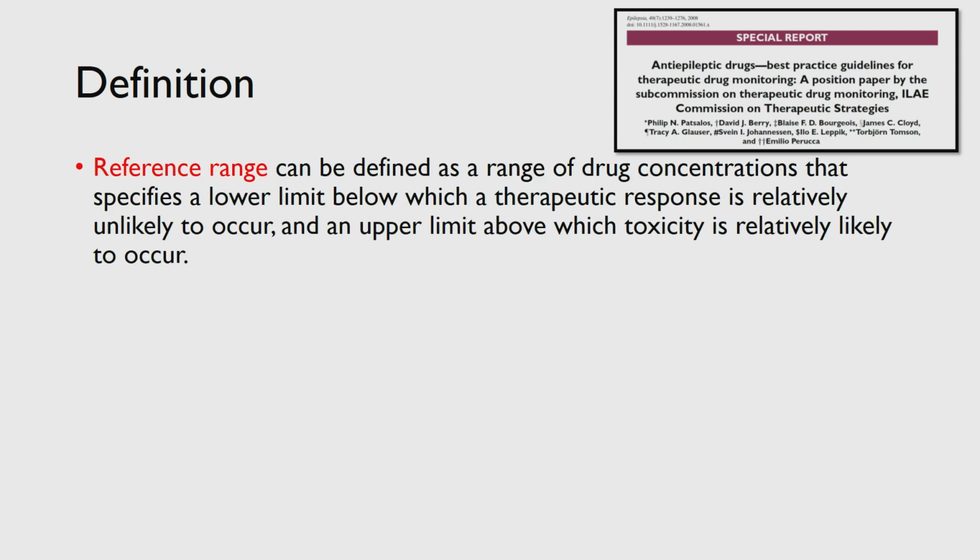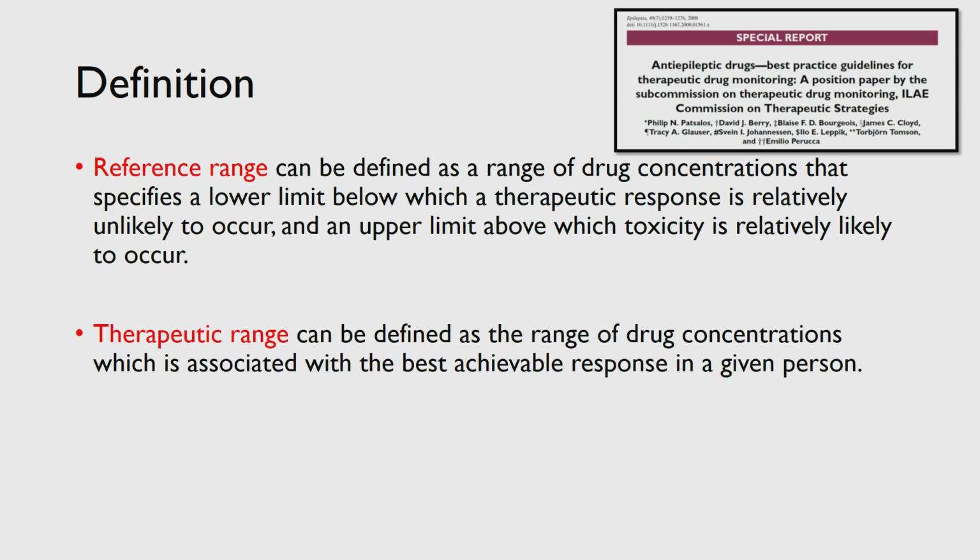So they have given the definition for the reference range and therapeutic range, which is slightly different from the normal clinical chemistry parameters. As in TDM, the reference range is defined as a range of drug concentration that specifies a lower limit below which a therapeutic response is relatively unlikely to occur, and an upper limit above which toxicity is relatively likely to occur. And this is a population reference range.